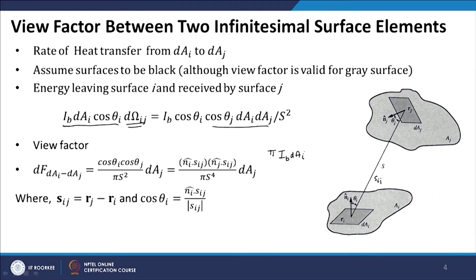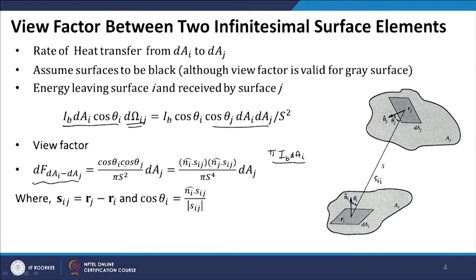This is the total amount of energy that is emitted by surface dAi, and then we divide the amount of energy received by surface dAj by this total amount of energy emitted, we get the view factor between these two infinitesimal surfaces, that is dF, the small view factor between surface dAi and dAj is equal to cos theta i cos theta j divided by pi s square dAj.